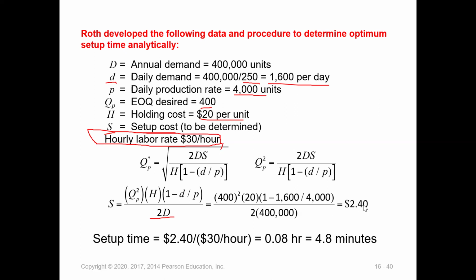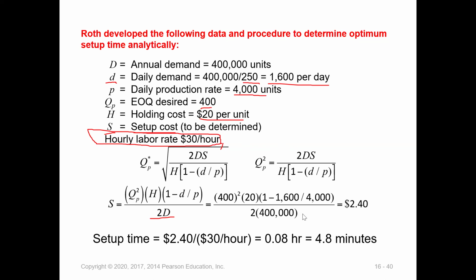Okay, 0.40. Okay, so now we need to convert this to hours. How to do that? We just divide it by the hourly rate, $30 in our case here. Okay, don't leave it in dollars because your goal is to determine the setup time.